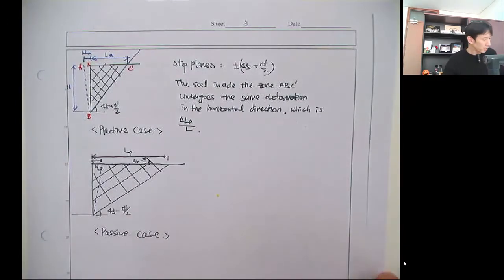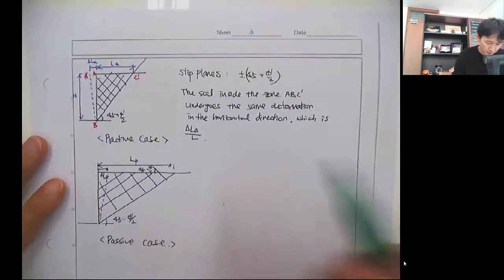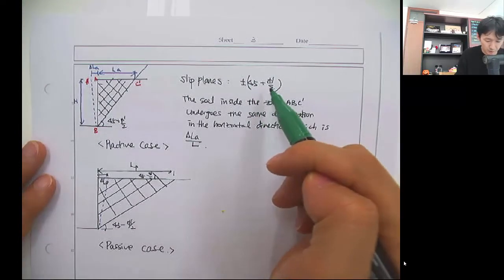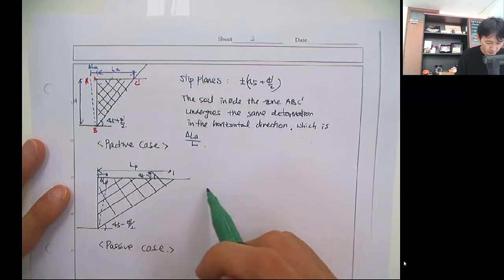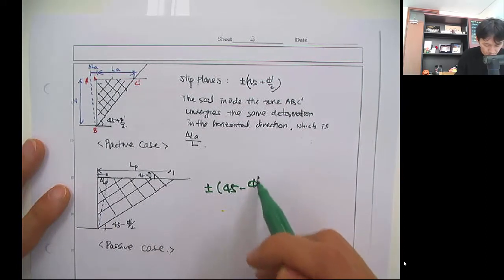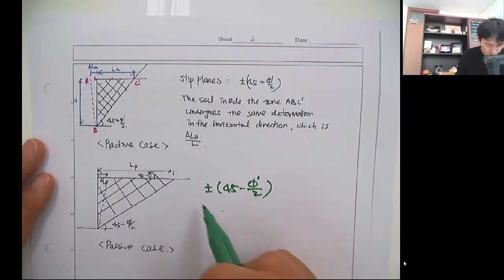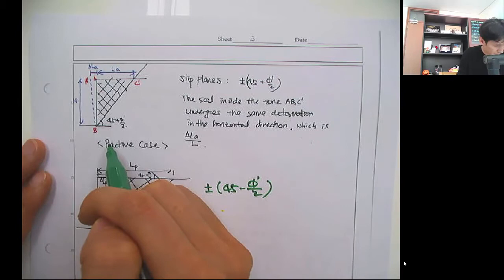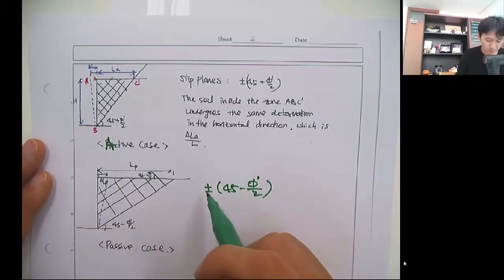So the slip planes are plus or minus 45 plus phi over 2 for the active case, and plus or minus 45 minus phi prime over 2 in the passive case. So this is, sorry, the active case. This is the passive case.